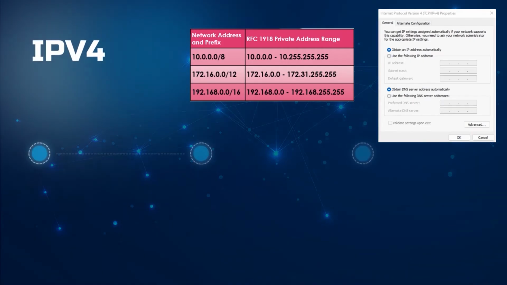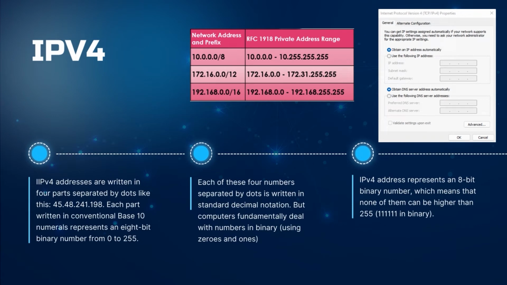IPv4 is about addresses, the identification of every host inside the networking system, which includes PCs, routers, and many other network peripherals. As you can see, IPv4 addresses are written in four parts separated by dots, like this example. Each part, written in conventional base 10 numerals, represents an 8-bit binary number from 0 to 255.